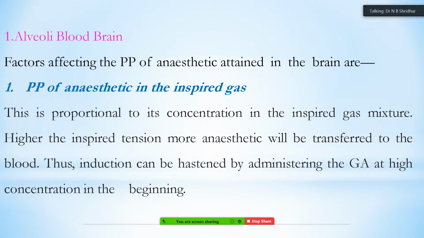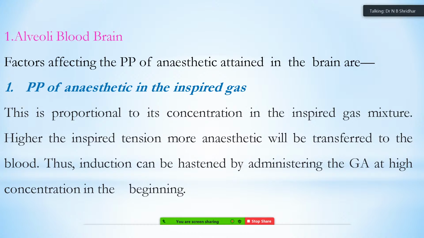It relates to the partial pressure of the anesthetic in the inspired or inhaled gas. This is proportional to its concentration in the inspired gas mixture. Many times it is a single gas, and many times it is a mixture of two or more gases. The higher the inspired tension, the more anesthetic will be transferred to the blood.